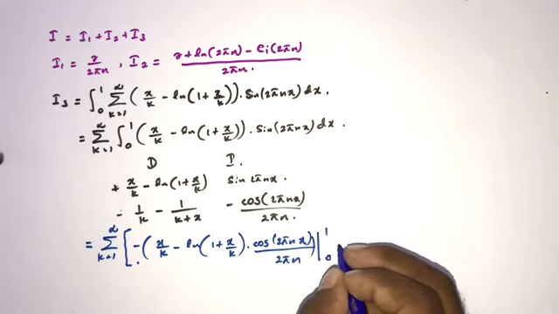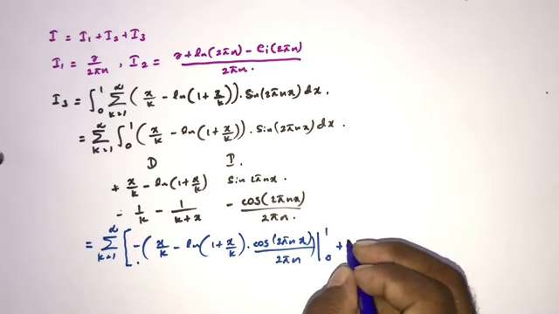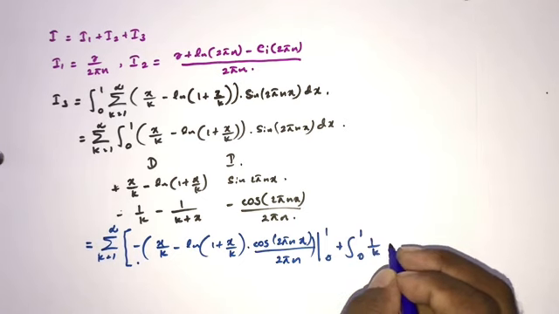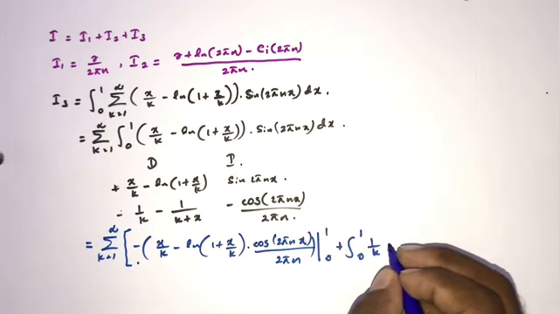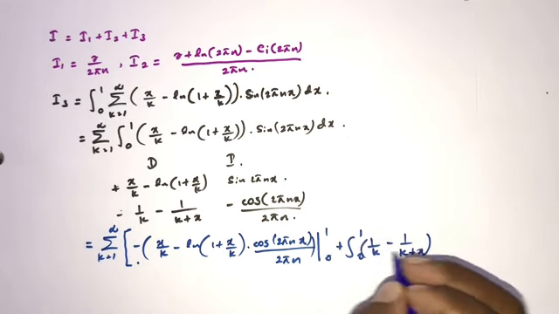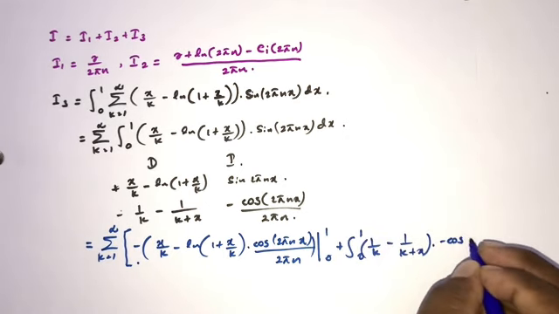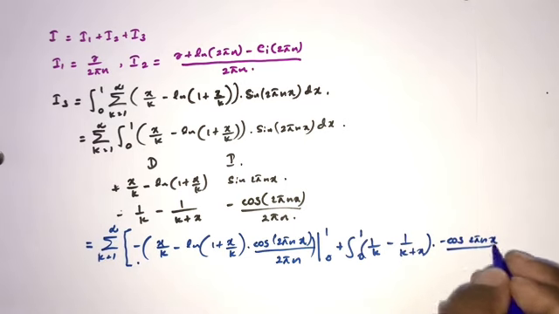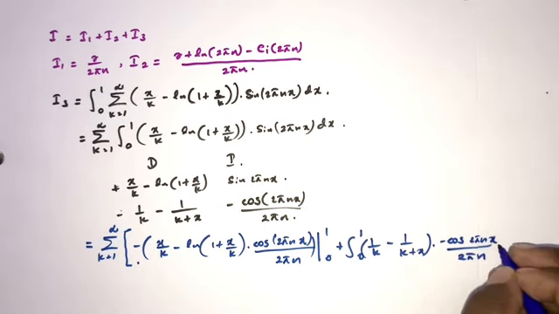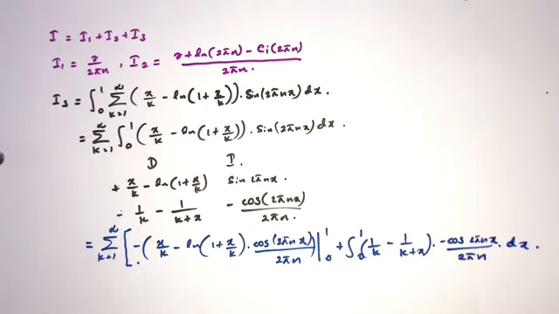Then minus minus, so plus the integral from 0 to 1 of the derivative 1 over k minus 1 over k plus x, times minus cosine of 2 pi nx over 2 pi n dx. Okay, then now we can split this integral.